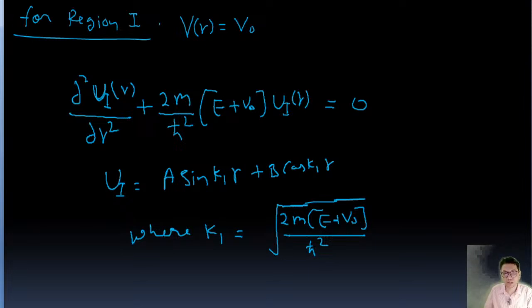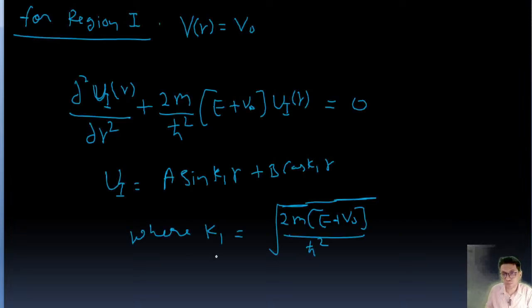So this is the value of k1. Simple, we have already done it many times, in my previous lecture you can check it. Next, we can write k1 square, squaring it: k1 square is going to be 2mE upon h cut square plus 2mV naught upon h cut square.